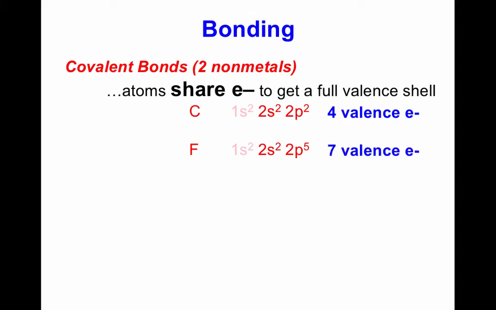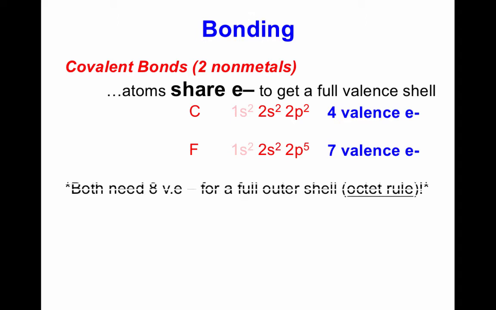That's a total of 7 valence electrons, so it would have 7 dots in the Lewis structure. Both need to have a full valence shell. Because they're both nonmetals, they will share their valence electrons to do that. So here's what carbon would look like, and then this is what fluorine would look like.